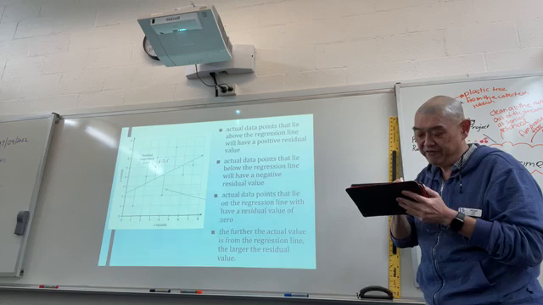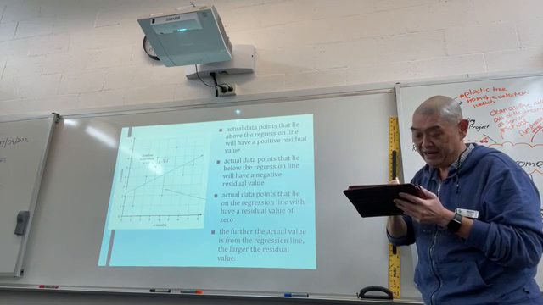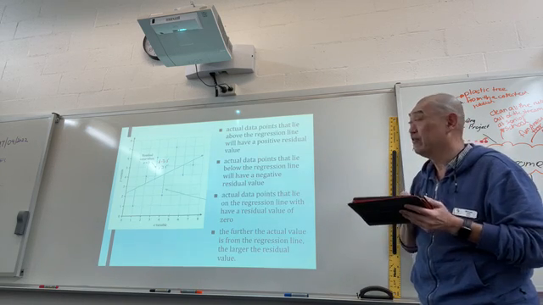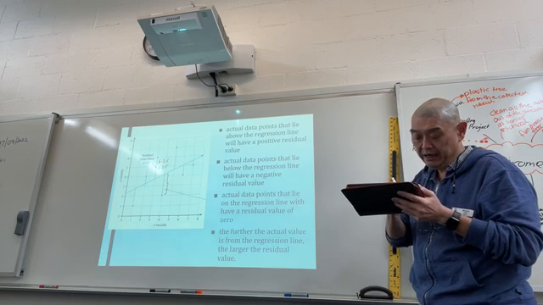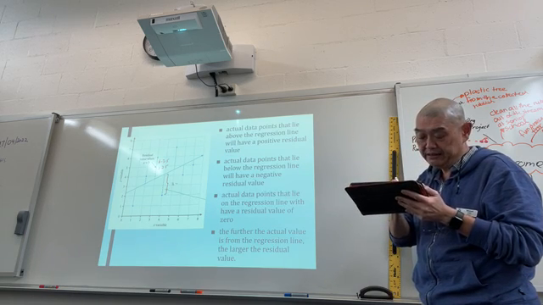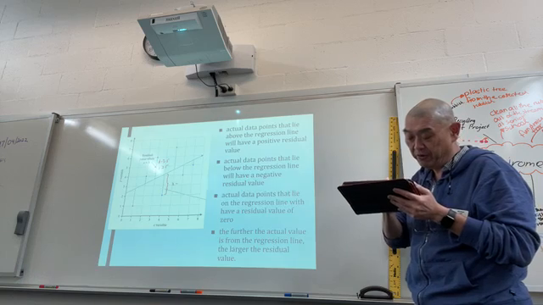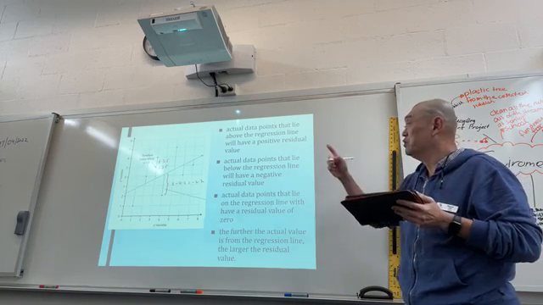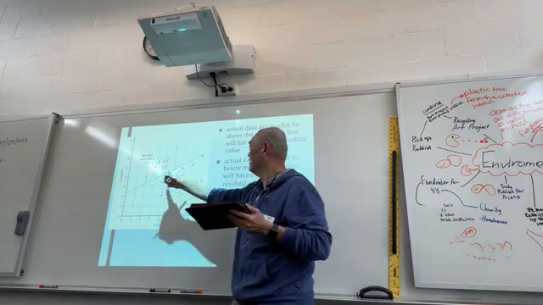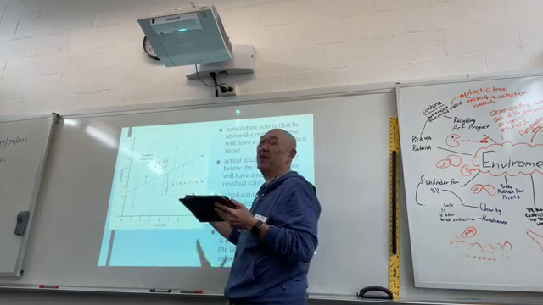Let's say 3.5, and that is 2.5. That's the residual. Whereas this one will be 2 minus, let's say, 4.2. So that's minus 2.2. So you can estimate the residual from a graph like this.